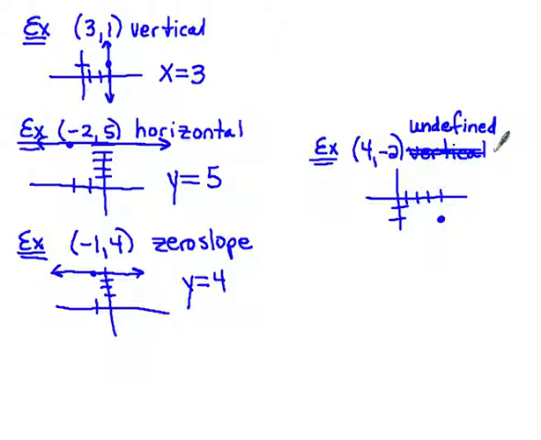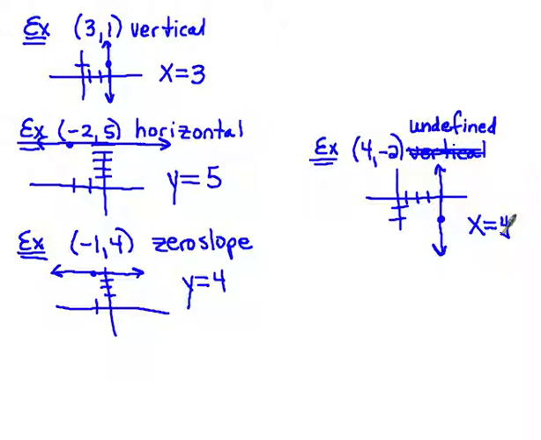Undefined means that the 0 is in the bottom, which means that it's never running, it's always rising, which means that it's a vertical line, which means it crosses the x-axis. And where does it cross the x-axis? It crosses the x-axis at 4. So there's the equation of my line. And yes, there will be one of those on the test that you'll have.